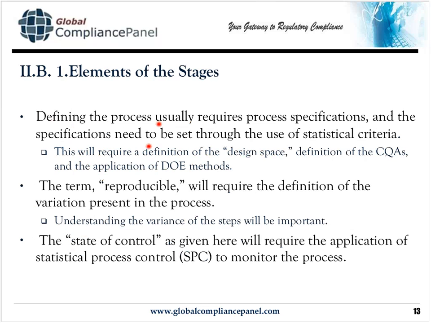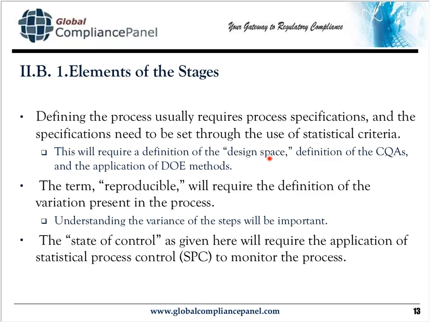Now, during the process design, and this would include process development, really, you need to define the design space. And the design space is basically the region, and it's multidimensional, where you can operate and still make the same product.